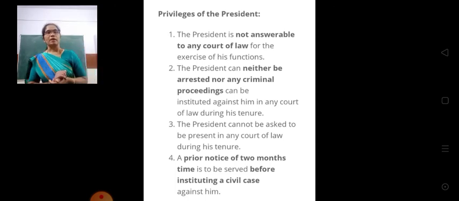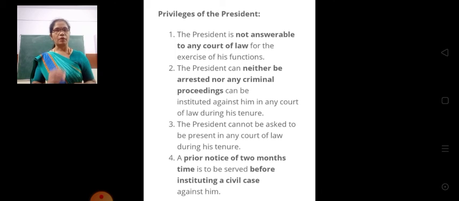Again, on the advice of ministers, the president can declare a state of emergency if the country faces an attack from outside. All these are the powers of the president.